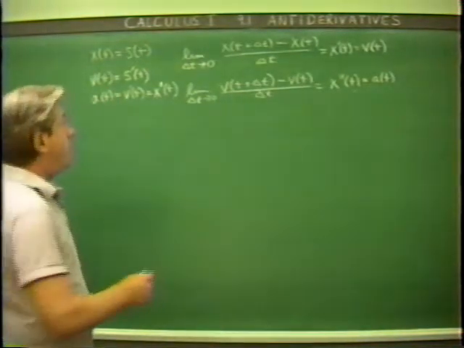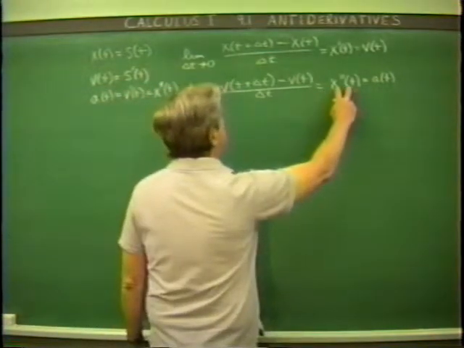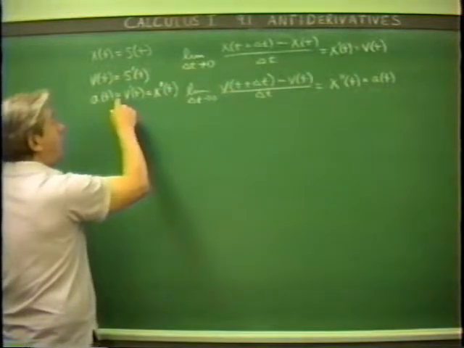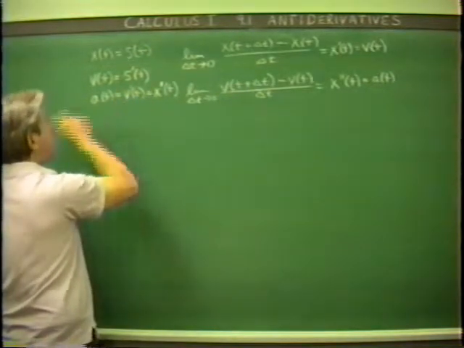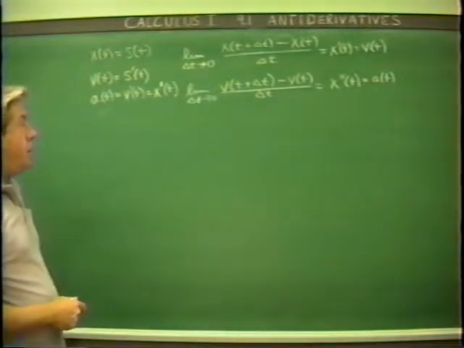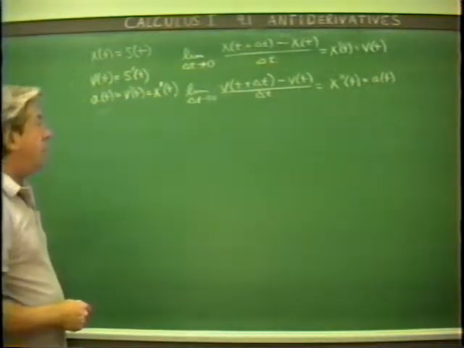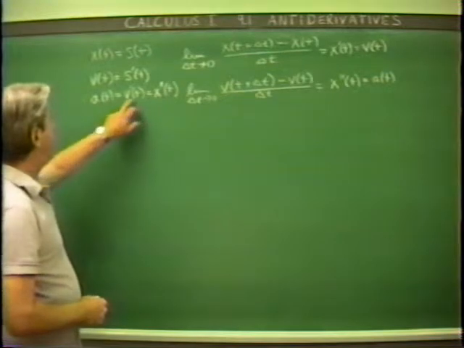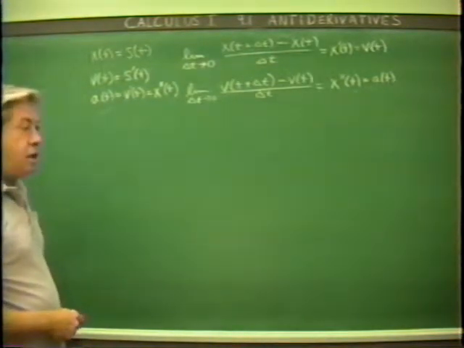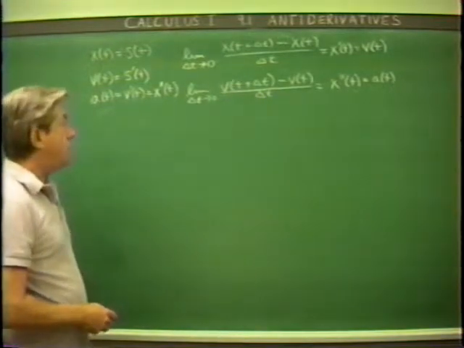That's to say, you'd expect to be able to take the acceleration function and find a function whose derivative was it. Now, we're going to find out shortly that the antiderivative, or a function whose derivative is a given one, is not unique, but it is nonetheless unique up to a constant.